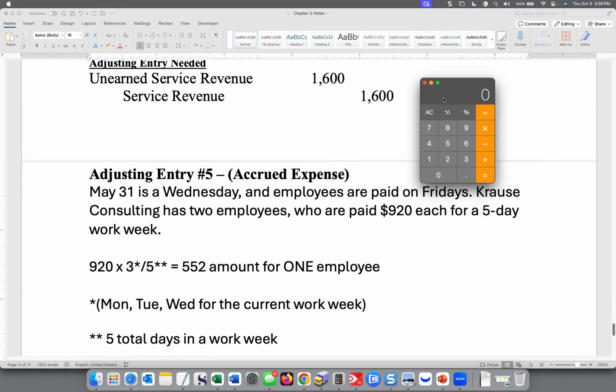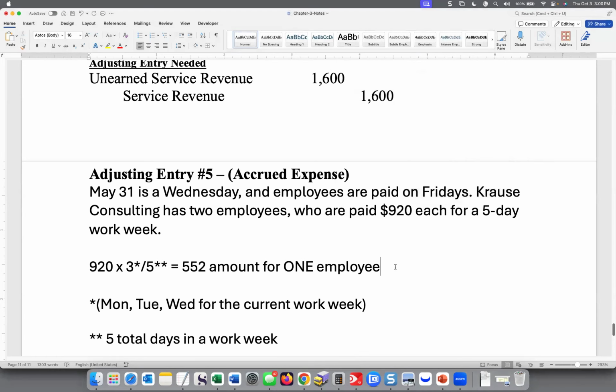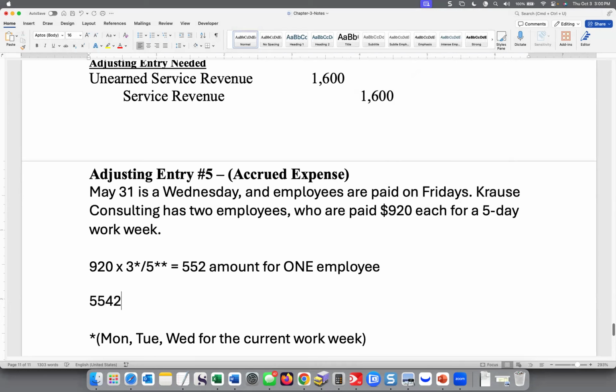Absolutely. So we've got 2 employees. So 552 is only for 1 employee. So we just have to multiply that times 2, and it gives us that number. So that's the next thing I want to throw in there: 552 times 2 employees. And that's where we got the figure that I got here, which is the 1,104.